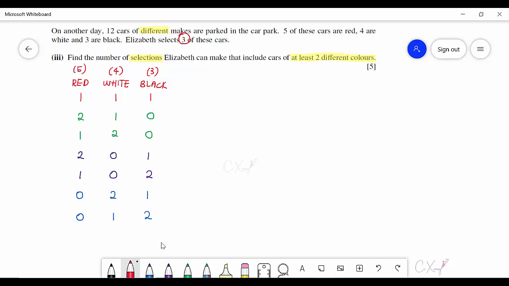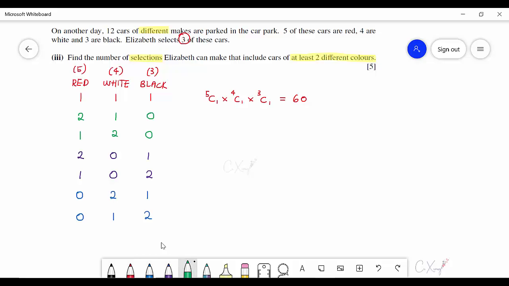Now we calculate the number of selections. For 1 red, 1 white, 1 black: 1 red means 5C1, multiplied by 4C1, and multiplied by 3C1. When you multiply all of them together, it will be 60.